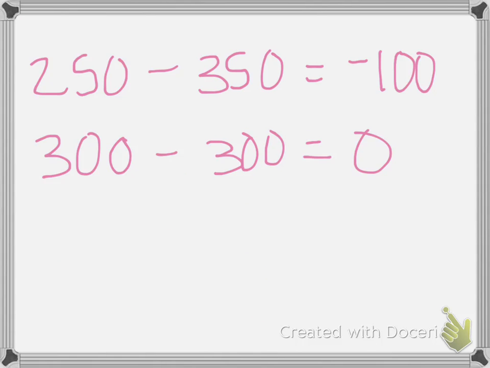So our next part is interaction. To get an interaction, we need the difference, as we did in part A. We need the difference between rows A2 and A1. So A2 and A1 consists of 250 minus 350 is negative 100, and 300 minus 300 equals 0. Therefore, to have no interaction, they have to be equal. I'm sorry, I said that wrong.